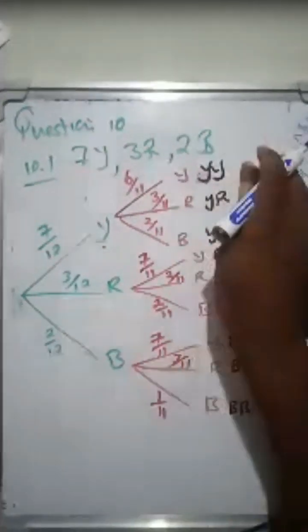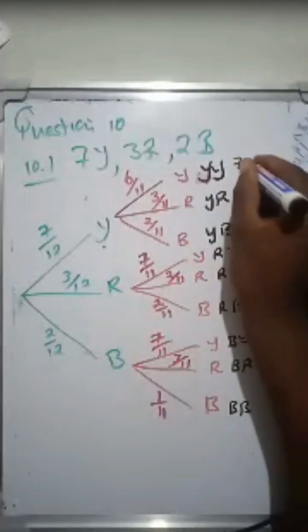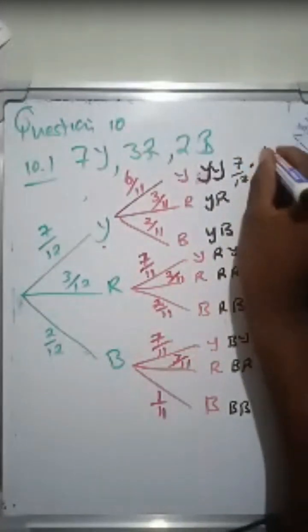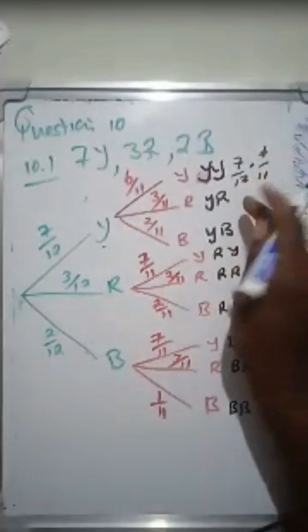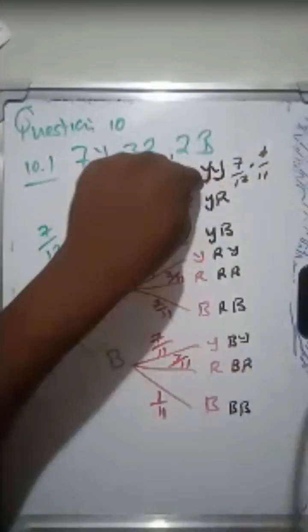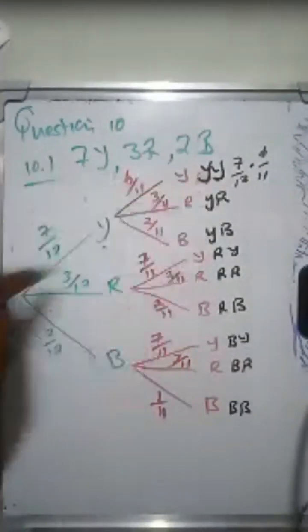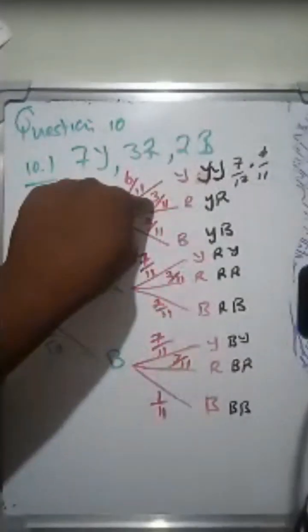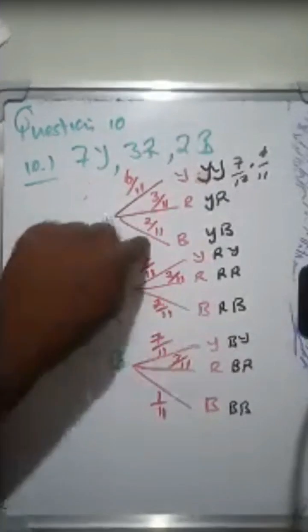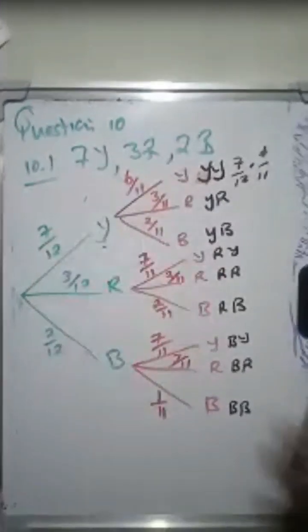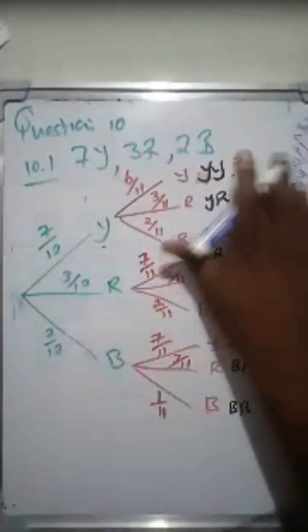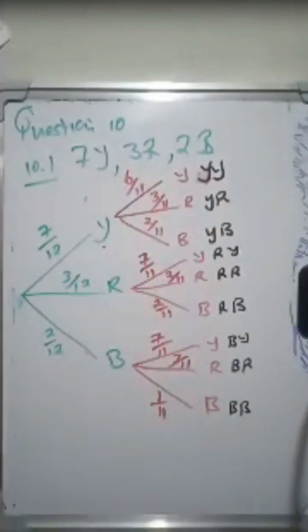So how do we get this one? It's 7 over 12 times 6 over 11. So you go multiplying to get yellow, yellow. Then the other one is going to be 7 over 12 times 3 over 11. Then 7 over 12 times 2 over 11, going on like that.